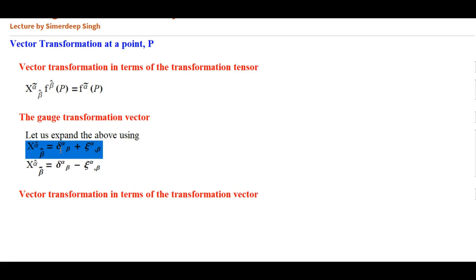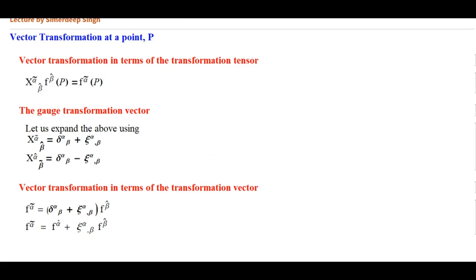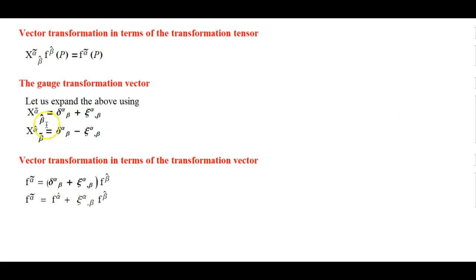I'm going to plug in the value of this object here, and the rest is simple manipulation. I don't have to write P, since it is obvious that I am doing this at the same point. So you have delta alpha beta plus this, acting upon f beta caret, and you get f alpha caret equals delta alpha beta plus xi alpha beta times f beta caret.